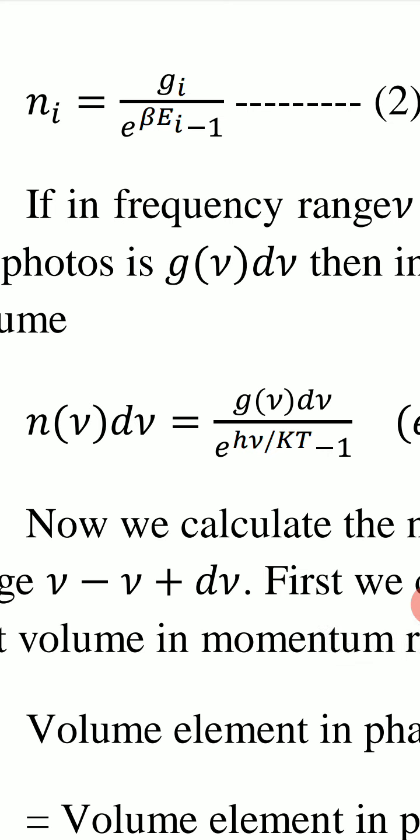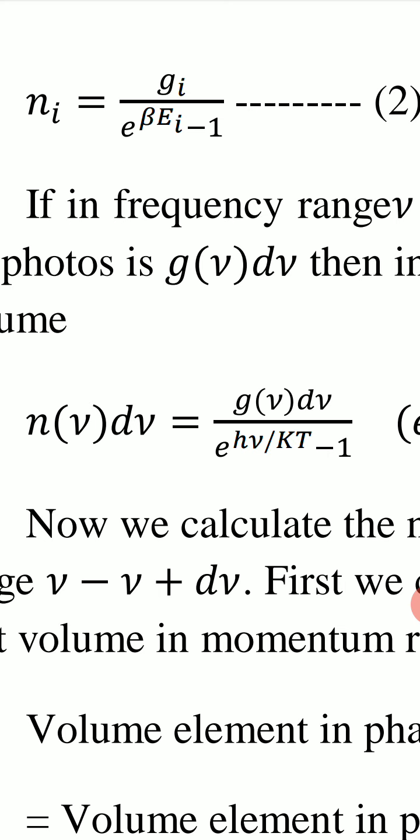Here in equation 2, we write G nu d nu for Gi. Gi is the number of states. So we write in place of Gi as G nu d nu. This is also the number of states in this frequency range nu to nu plus d nu. And Ni in equation 2 is the number of particles, that is, the number of photons.